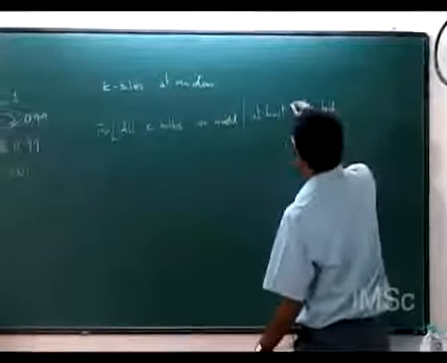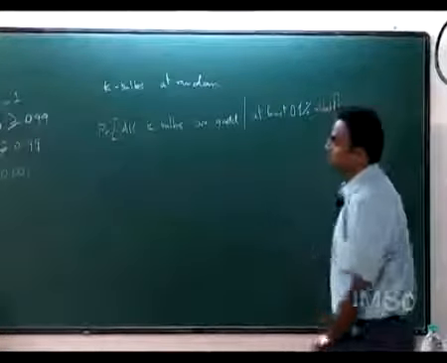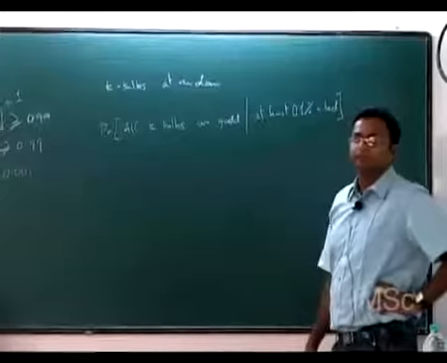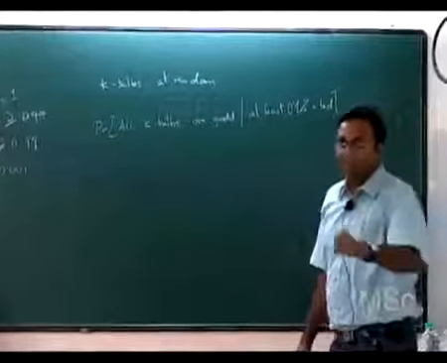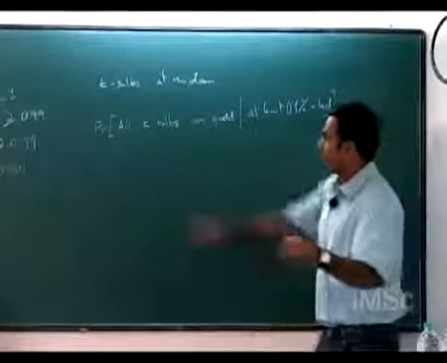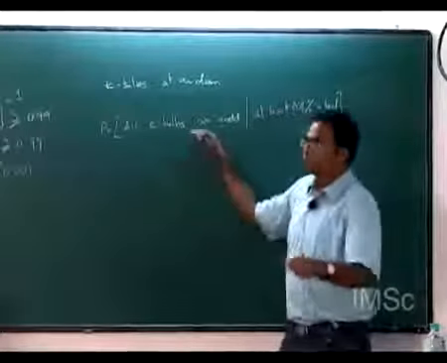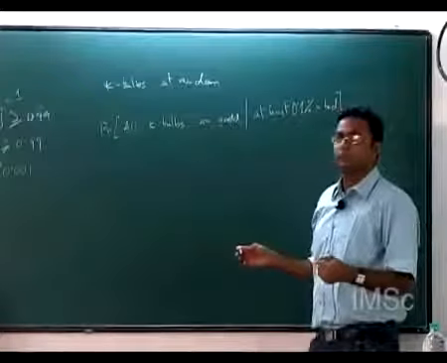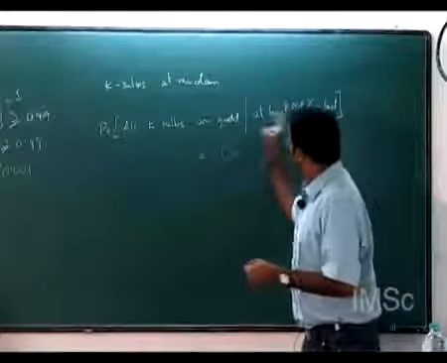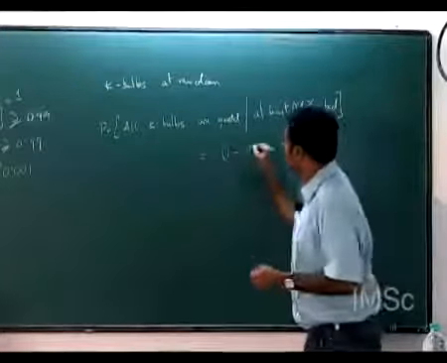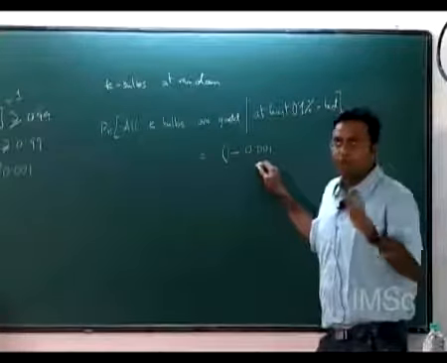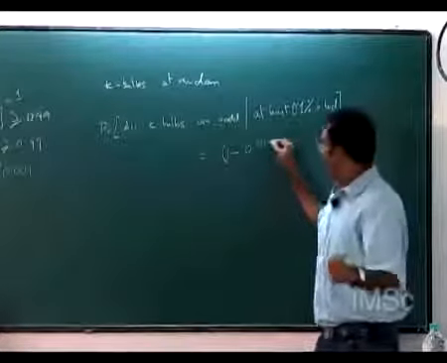Is it 0.1? Okay, 0.1% is bad. So the first bulb is good. What is the probability? It is 1 minus that quantity, correct? So this is the probability that the first one was good.